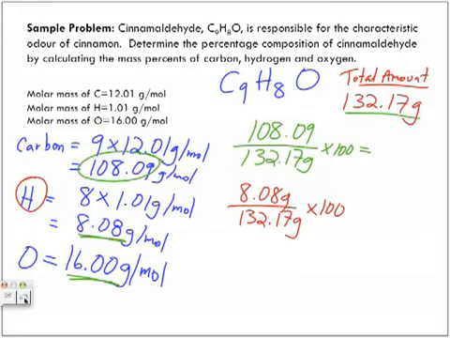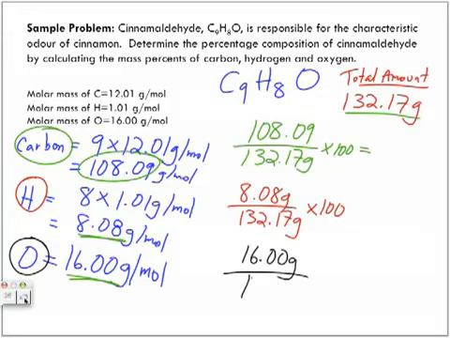So we use red, use green for carbon, and let's use black for oxygen. So 16.00 grams divided by 132.17 grams times 100.